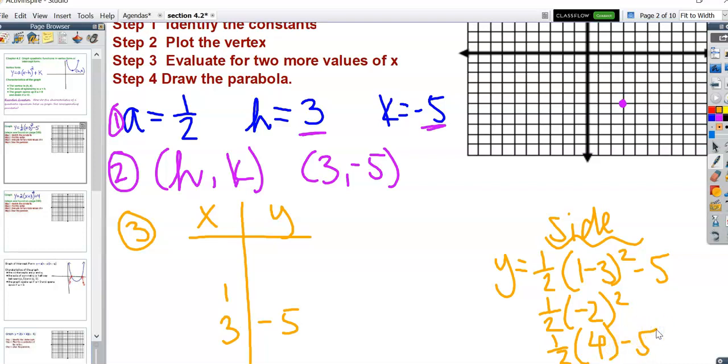And then 1/2 of 4 is 2. 2 minus 5 is -3. So now I'm going to jump over 0, and I'm going to go to -1. And you can check my work on a calculator, but when you substitute -1 into the equation, you should be getting 3.